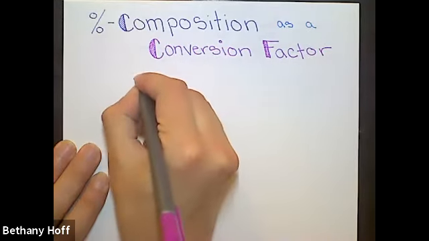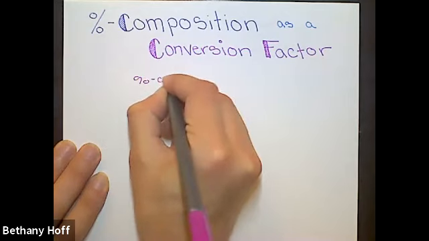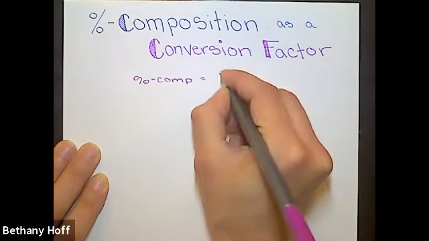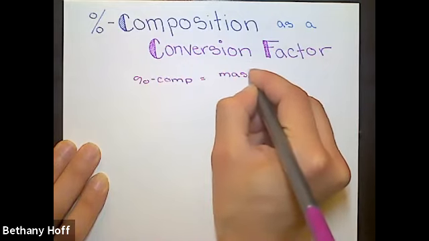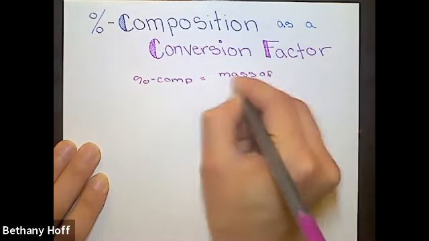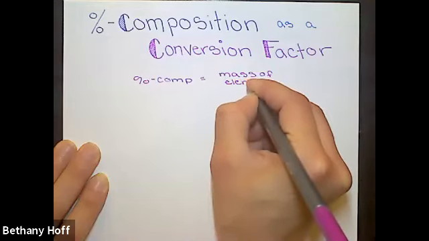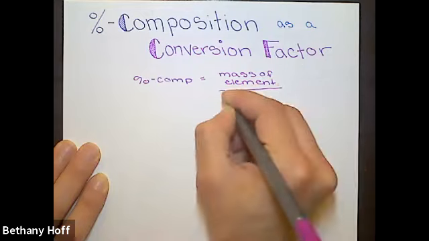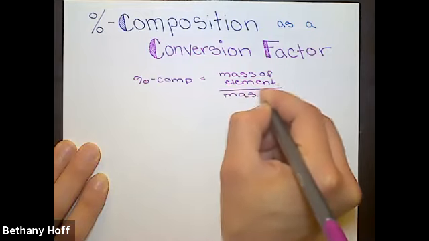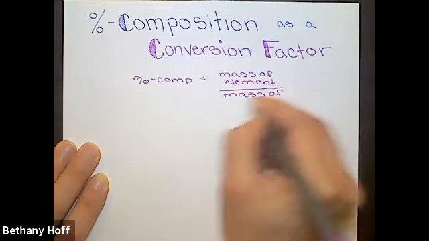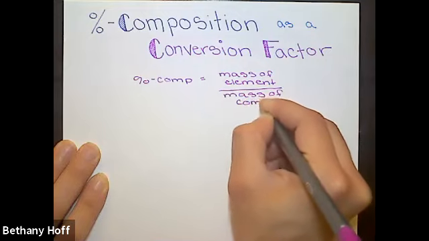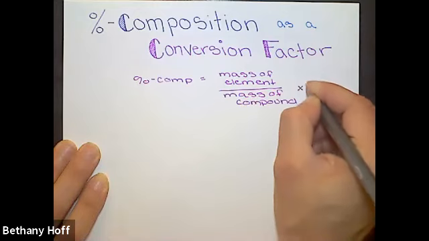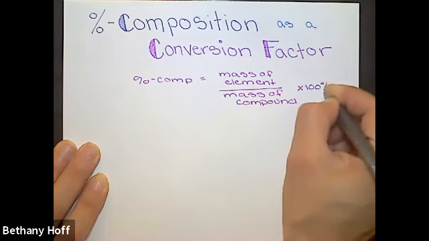We said that our percent composition is equal to the mass of the elements in a compound divided by the mass of the entire compound or molecule. And we can multiply that by 100%.